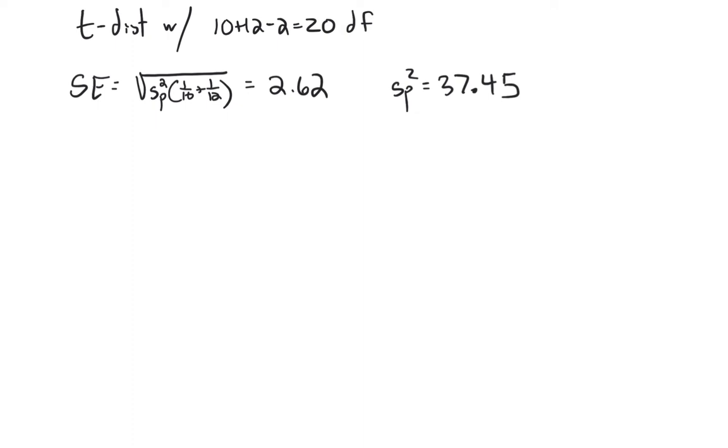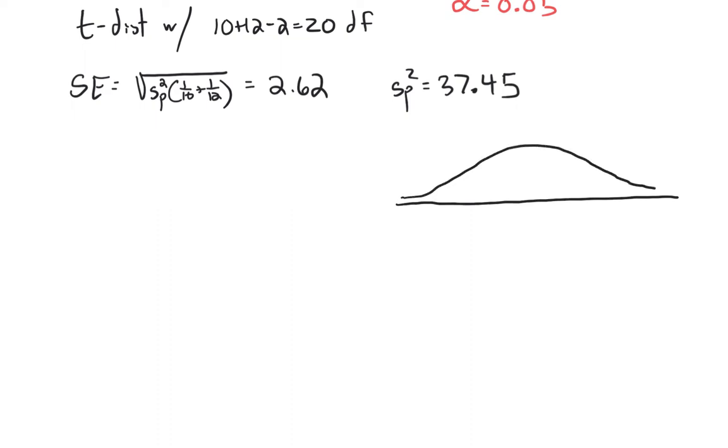Let me write down as well that our level of significance was 0.05. So let's draw our sampling distribution. Remember, we're assuming that the null hypothesis is true, that there's a difference of 0. Now, we want an error of 0.05, but here we don't have a direction.